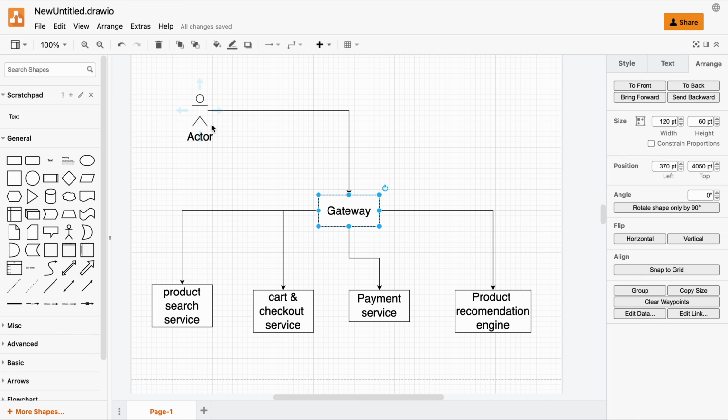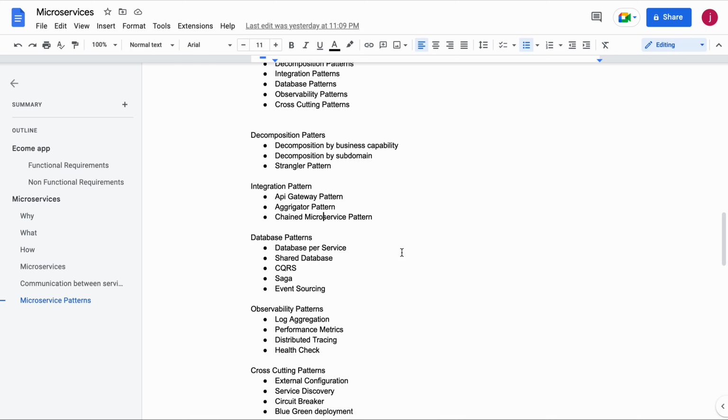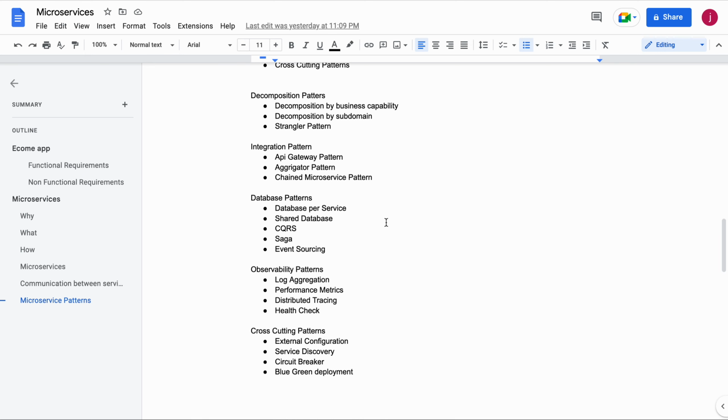I have been repeating user multiple times, but you can treat it as a client, let's say a web client or mobile client, anything. So the aggregator service would aggregate the results from multiple services and send them back to the client. Then there is the chain microservice pattern. I'd come back to this, and in integration there will be other patterns as well.